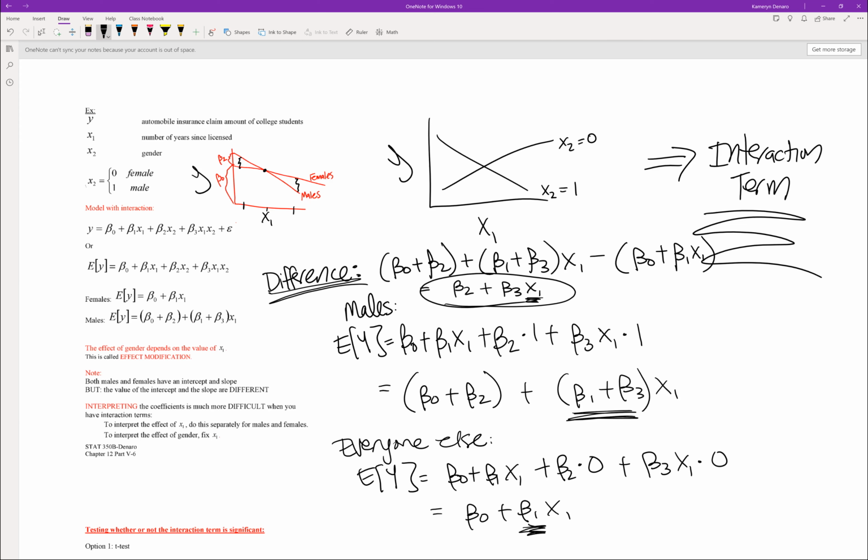So if you're going to interpret the effect of X1 and you have an interaction term, you need to do this separately for each of the groups. And you'll know because when you take the difference between these two groups, the difference depends on the value of X1. We would have to say the difference between these two groups at this value of X1 is 5, but at another value of X1, that difference could be a different value.